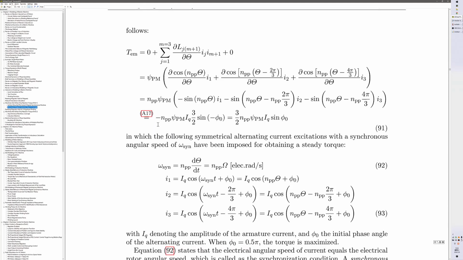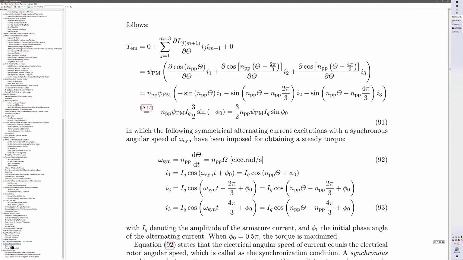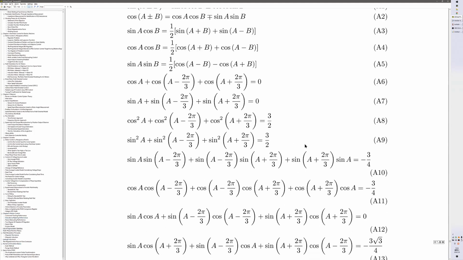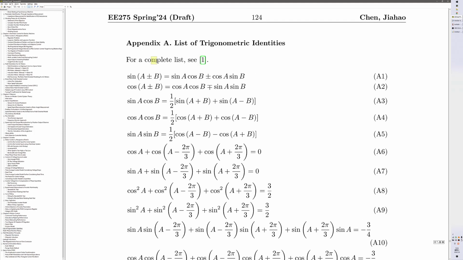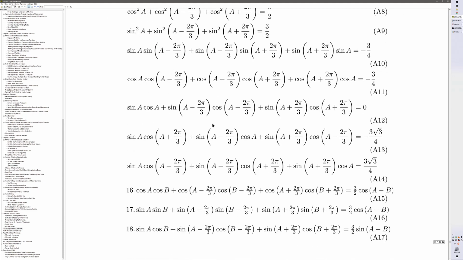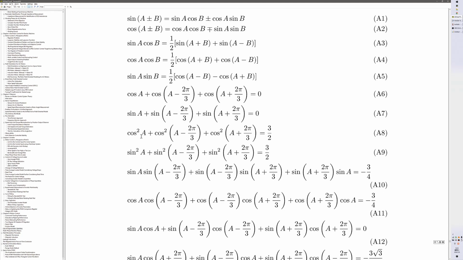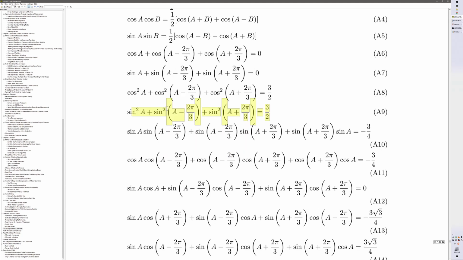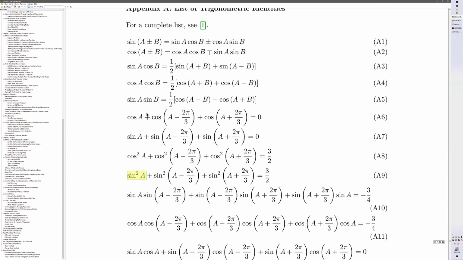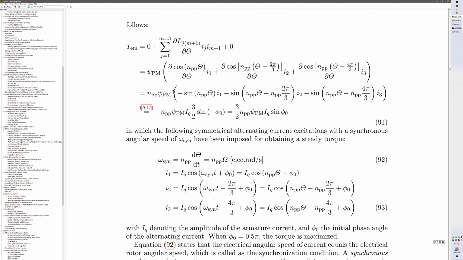I think I do have an appendix for that. Yep, this is from the book by Lipo and Sine. So I think it's this one. We have a sine squared term here. Let me see. We don't have sine squared.